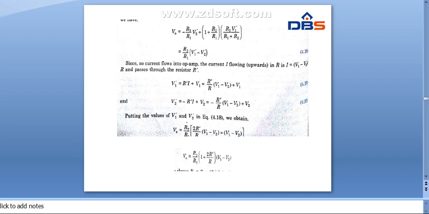Here no current flows into the op amp. The current flowing in the resistor is I equal to (V1 minus V2) by R. Here V1 dash equal to R dash into I plus V1.